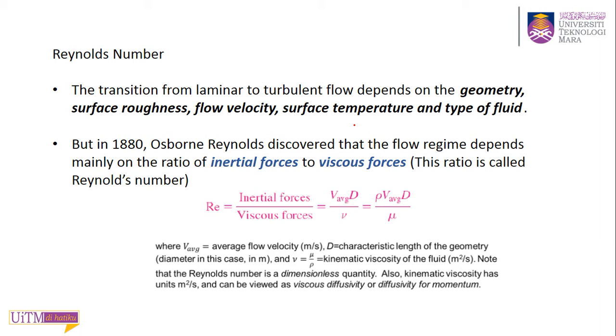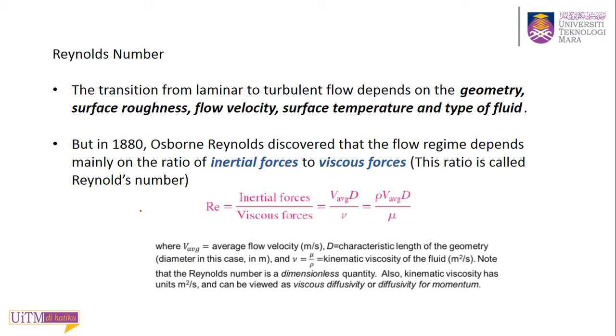The viscosity will oppose that flow. So the ratio of the inertial force to the viscous force gives you a number, and this number will determine whether the fluid is in a laminar, transition or turbulent condition.